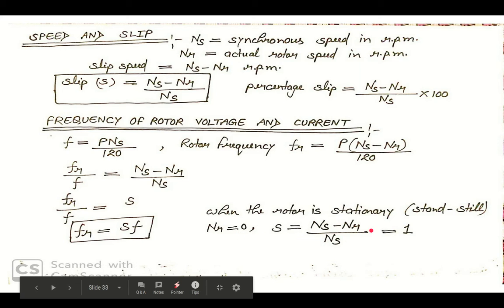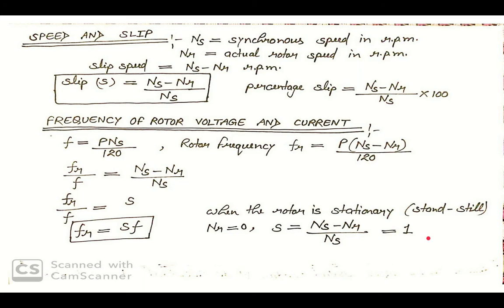If we place nr equal to 0, that means s is equal to 1, slip is equal to 1 or unity. So it is an important point: when the rotor is in standstill or stationary condition, slip will be unity. So this is your speed, slip, frequency and rotor frequency.